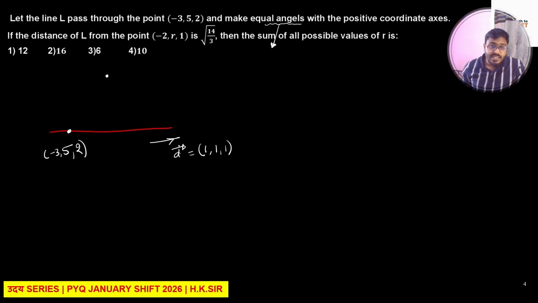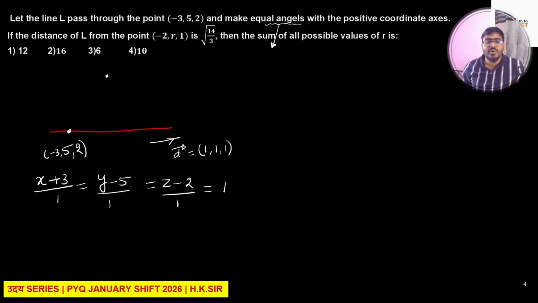If you know the point on the line, direction vector along the line, so you can write the equation of line, that is x minus x1 divided by a equal to y minus y1 divided by b equal to z minus z1 divided by c equal to lambda.